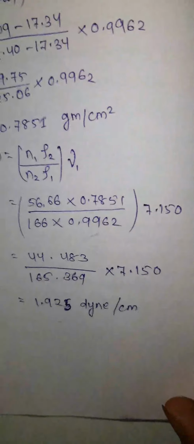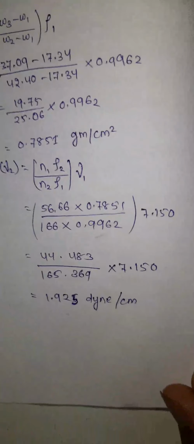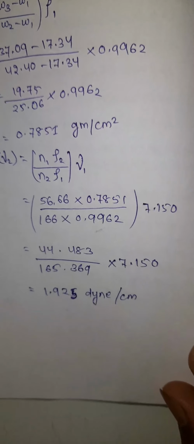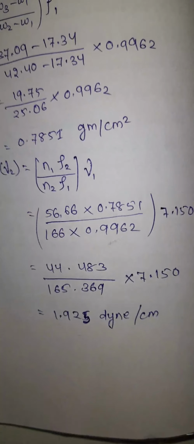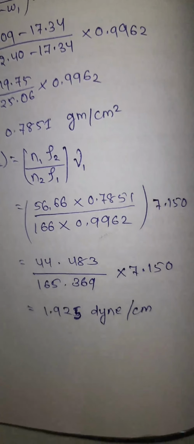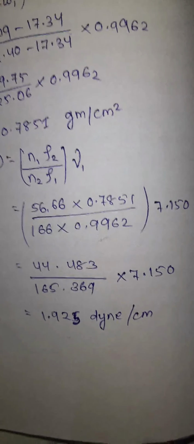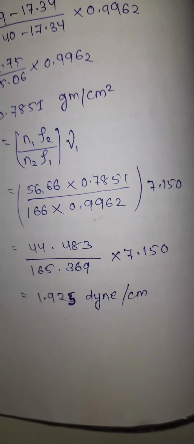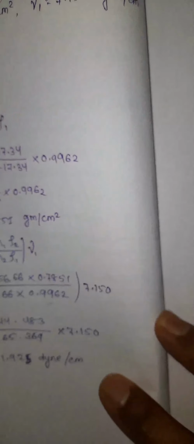At last, the surface tension of alcohol was determined, and the unit of surface tension is dyne per centimeter. Then the conclusion will be written for both the experiments. Okay.